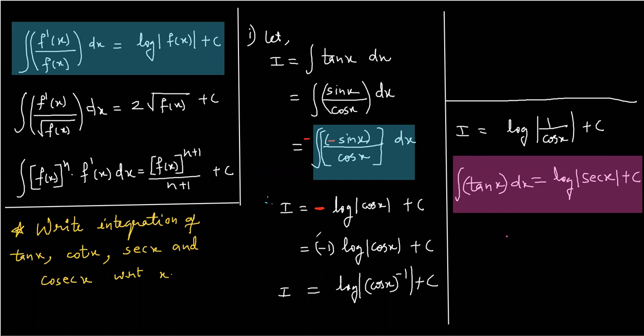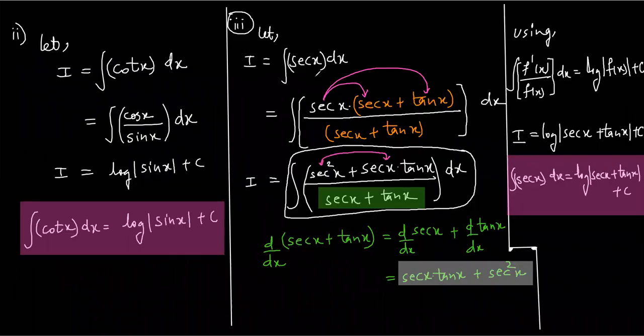We did this. Then what we did was we used this particular corollary, this particular result, to get the integration of four more standard trigonometric functions, that is tan of x, cot of x, sec of x, and cosec x.